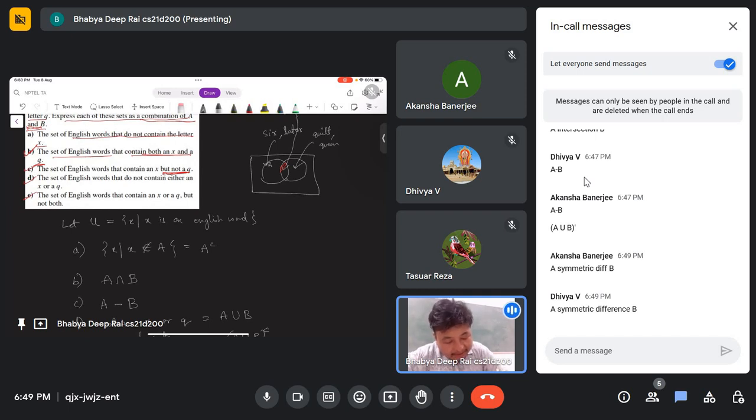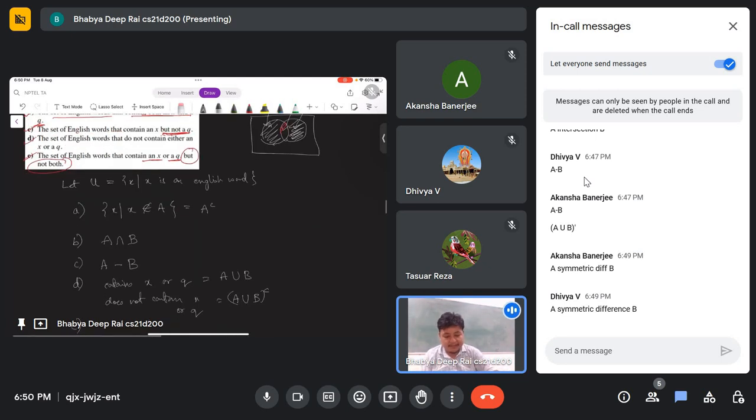If you see it in the Venn diagram, it says contain X or Q but not both. So this is the elements that contain both, which I do not want. I just want the parts of the set that contain either of Q or X but not both. So this is what I want.